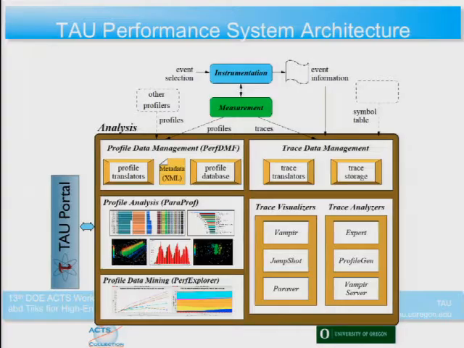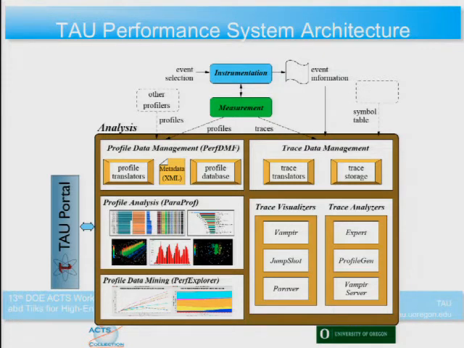Now we have a trace visualizer called Jumpshot from the Argonne National Labs, but there are many third-party visualizers. The commercial tools like Vampir, and there's another free version of ParaProf that you can use with the TAU trace data.